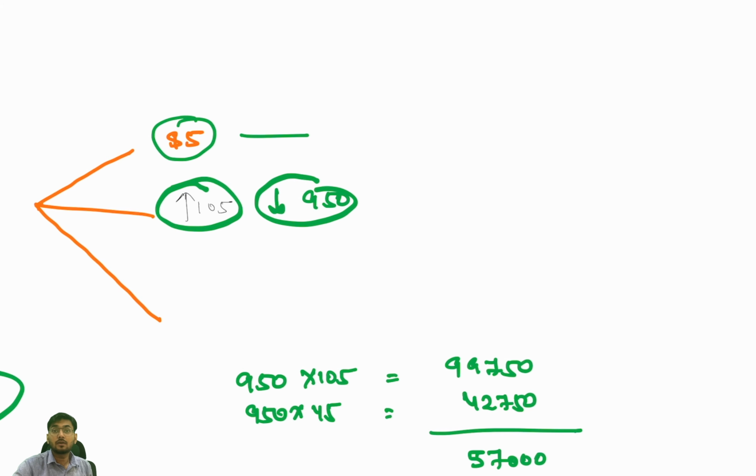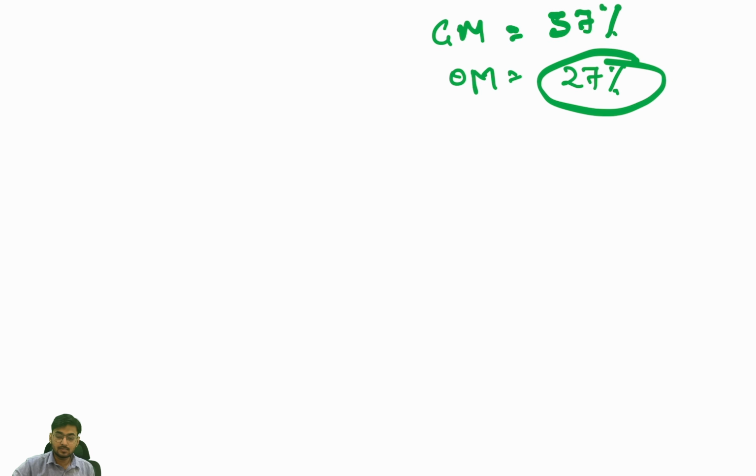Clear? Now coming to the third scenario, where if I increase the price by 5%, price will become 105, but units sold decrease by 10%, means this time the downward pressure on the units sold is very huge. Means 1000 units sold will become 900 units sold. So in this scenario, let us see how it is going to impact us.